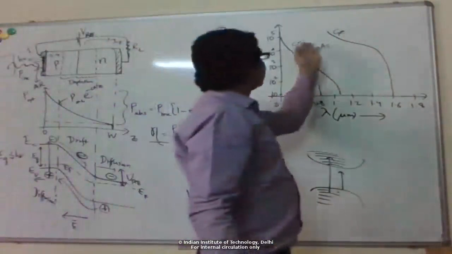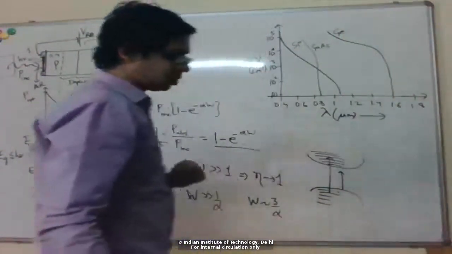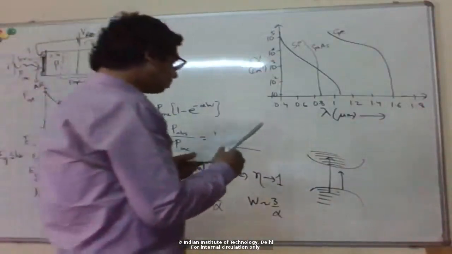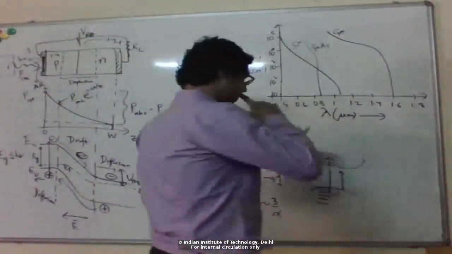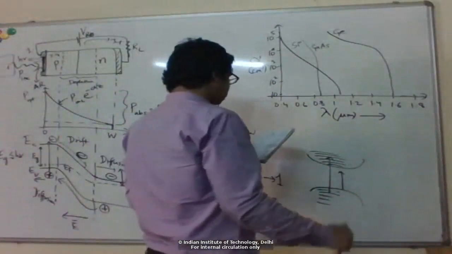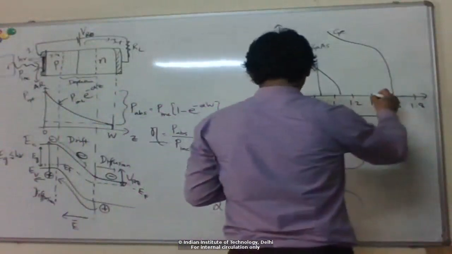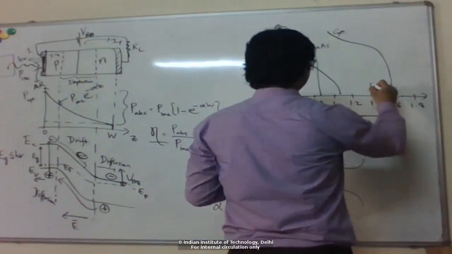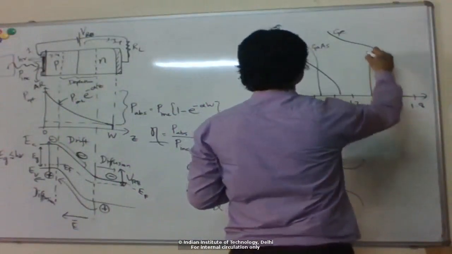But germanium has some issues regarding noise, etc. Also, the band gap is indirect. So then we go to the InGaAsP materials.